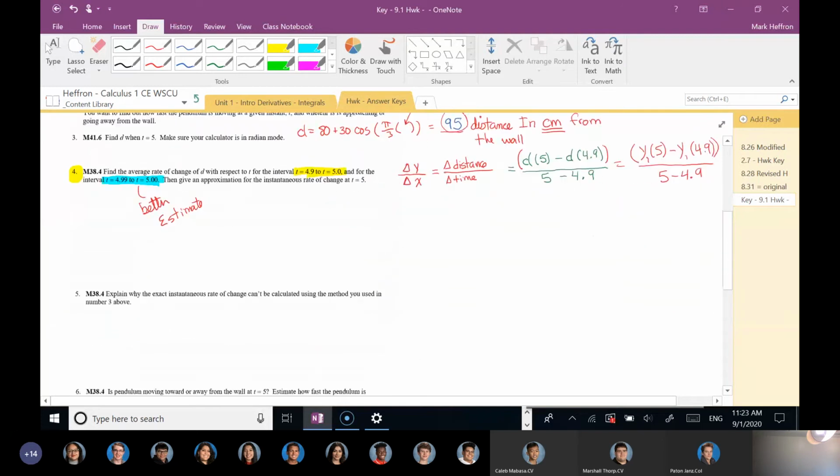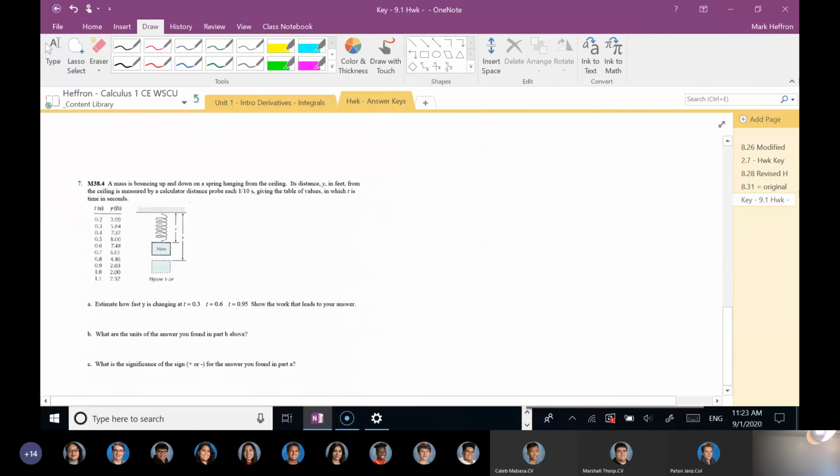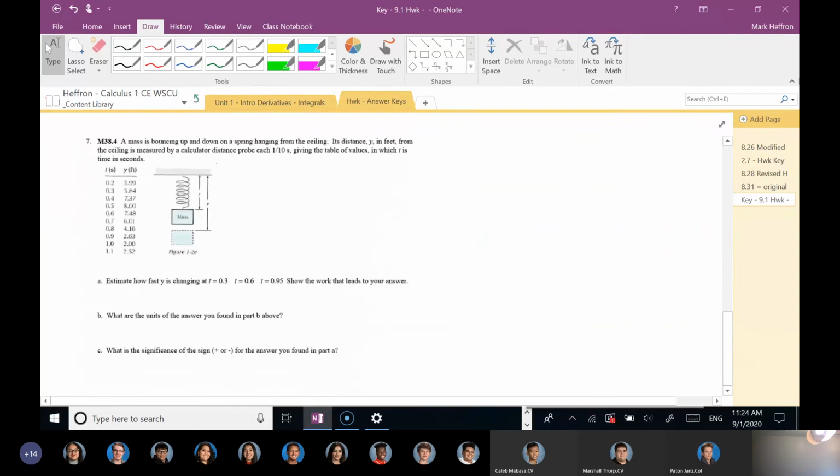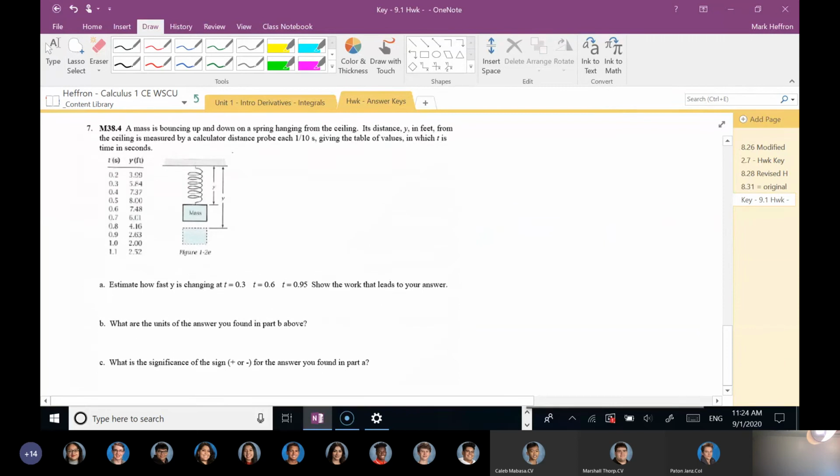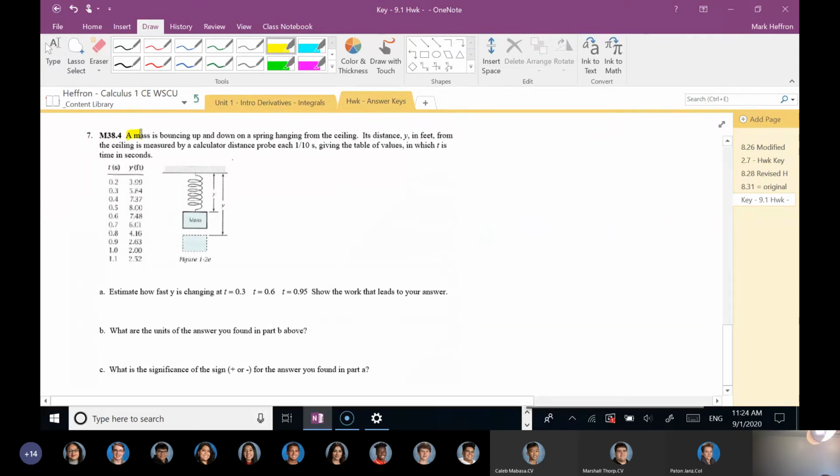And I just want to scroll down so that we can look at this other problem here. This kind of goes back to our do now and lesson today. A mass is bouncing up and down on a spring hanging from the ceiling. Its distance, y, in feet from the ceiling is measured by a calculator distance probe every 1/10 of a second, and the values are given in the table.